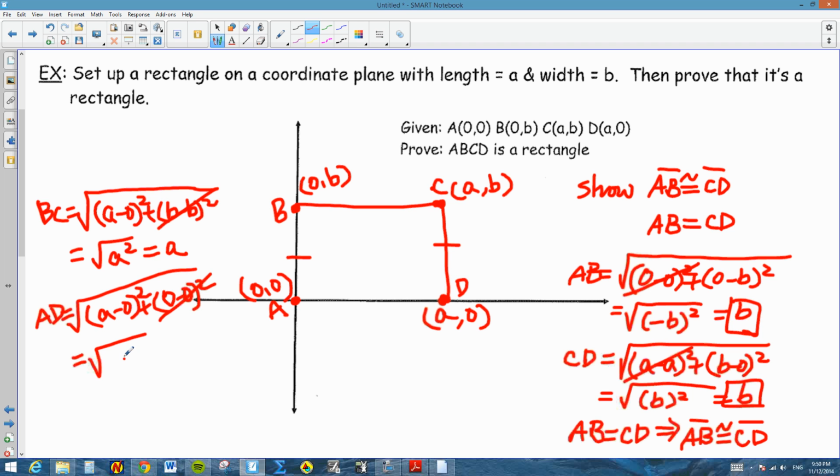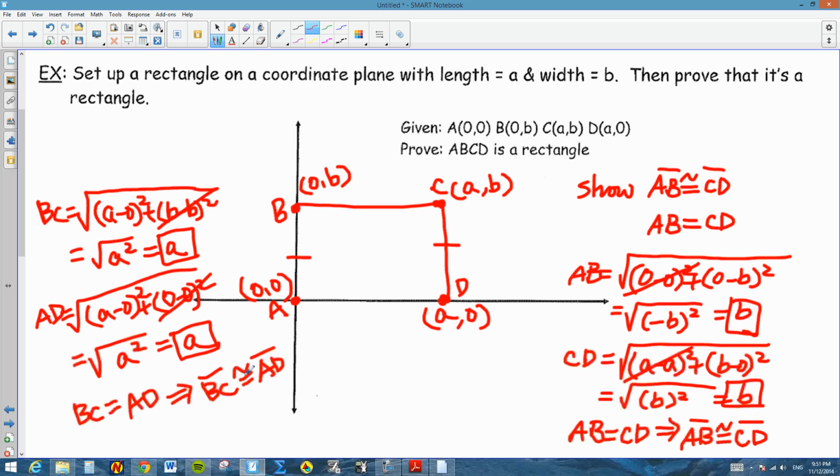A minus 0, A squared, gives me A. So they are both A, so their lengths are equal, so BC equals AD. By definition of congruence, BC must be congruent to AD. So we proved this congruent to this.